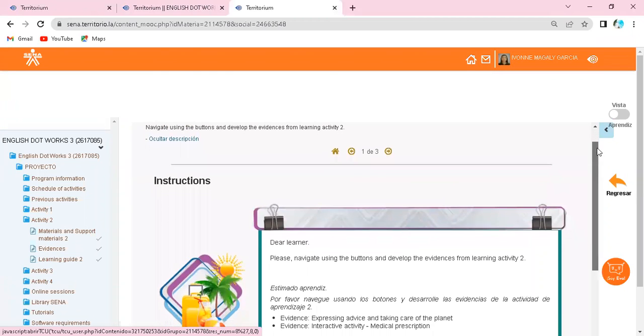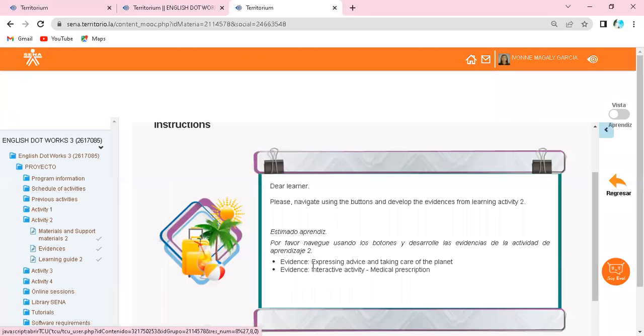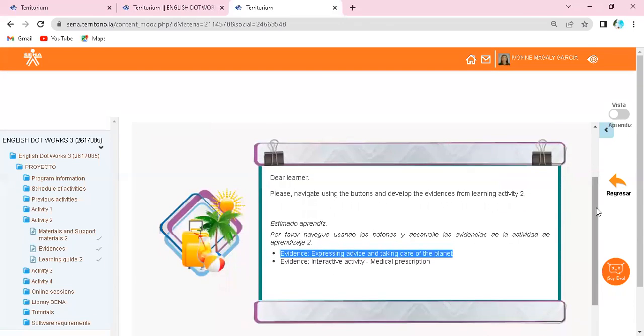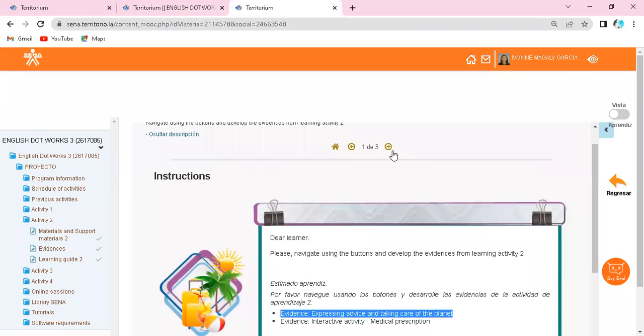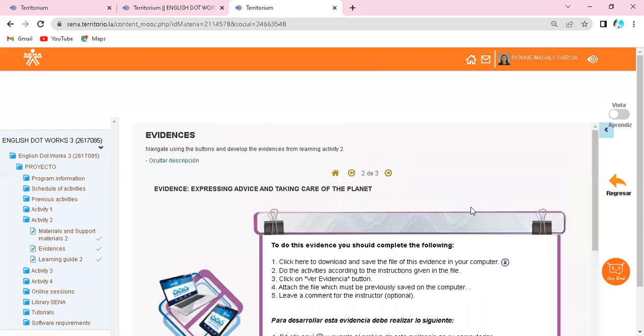Here we have the instructions as always, and the activities you have to develop during this learning activity 2 are expressing advice, taking care of the planet, and medical prescription. We have 3 activities. These 2 activities are in only one file. So let's go forward to the next slide.